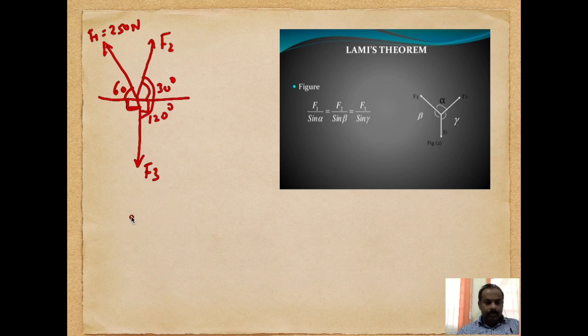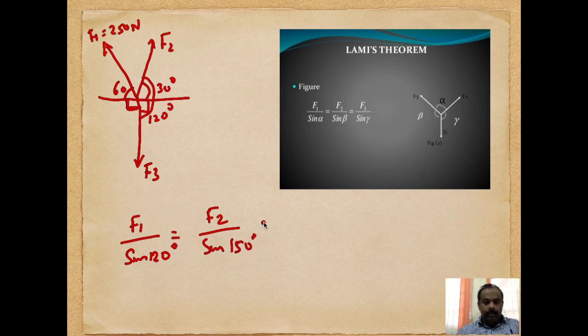So let's do F1 divided by sine 120 is equal to, let's look at F2. F2 is this, opposite angle is this. So 60 plus 90, how much is it? That will be 150. So F2 divided by sine 150 degrees.